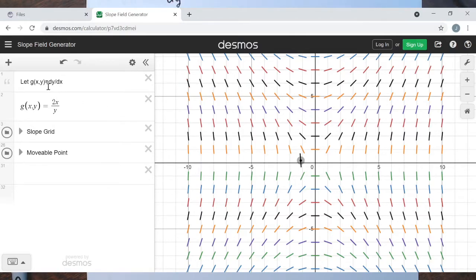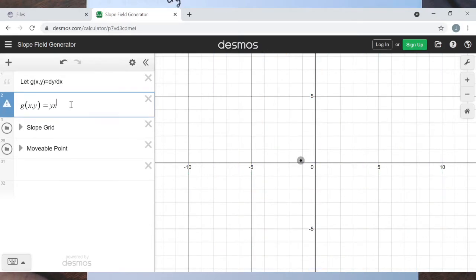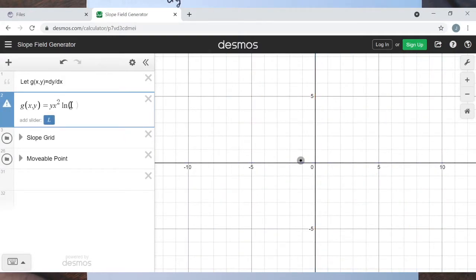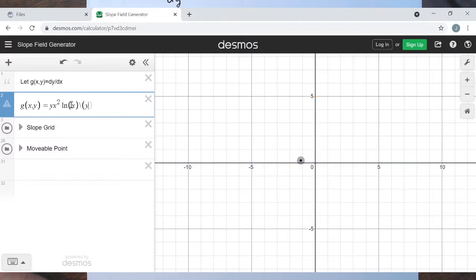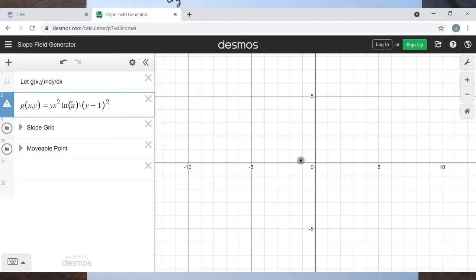So they're saying let g be the derivative, so they have the derivative here, and what I'm going to do is enter our equation here. We have dy dx was equal to y times x squared times the natural log of x in the numerator, and then divided by y plus 1 squared in the denominator. Is that too much?